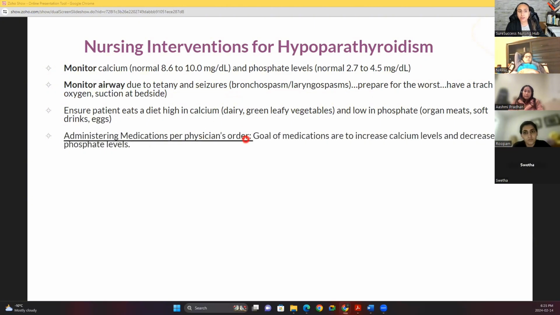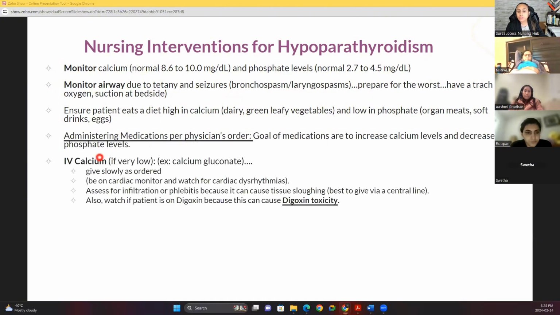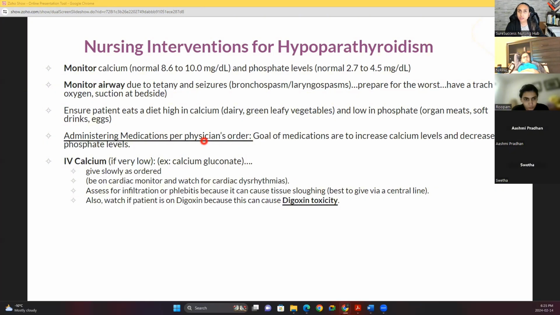Administer the medication, and the most common medication we give is IV calcium. Of course, the calcium is so low, you will give calcium. Oral calcium, we don't have time, maybe IV calcium. Calcium means calcium gluconate and any medication with calcium. Whenever we are giving IV calcium, it can infiltrate from your veins, and it can be very, very painful.